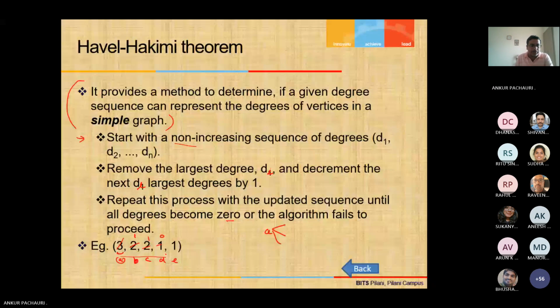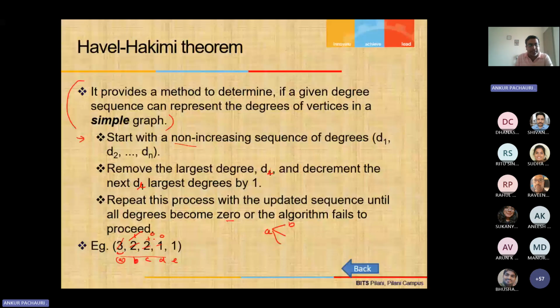Now you are at this node. Now you remove this. So that means you decrement 1 node by 1.